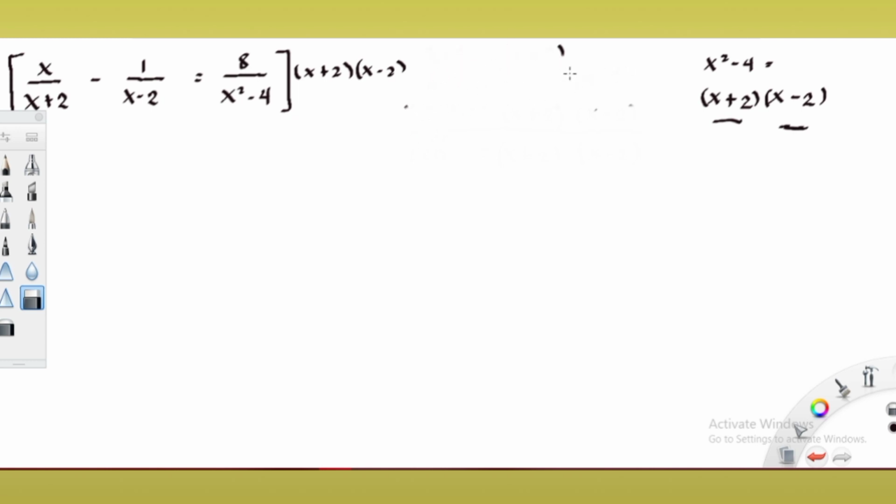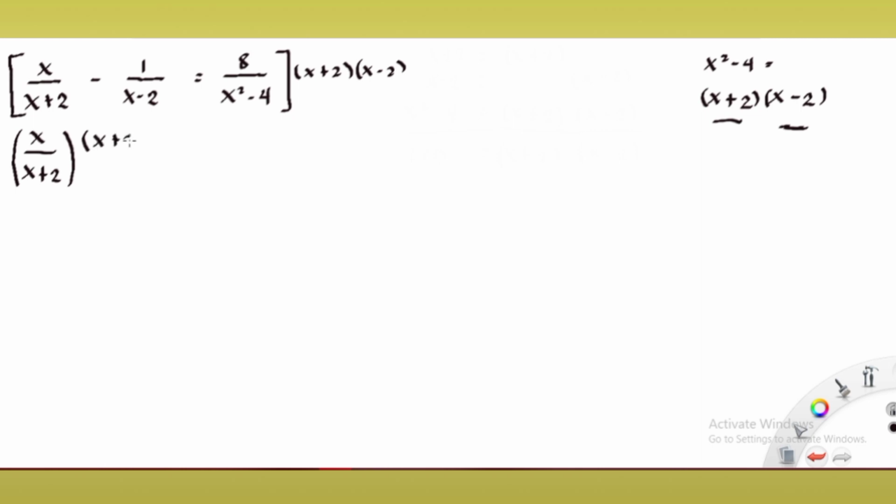Yan, nakopy naman na natin yung LCD natin. Okay. So, multiply each term by the LCD. So, the first term is x over x plus 2. Multiply natin yan with x plus 2 and x minus 2, yung LCD.